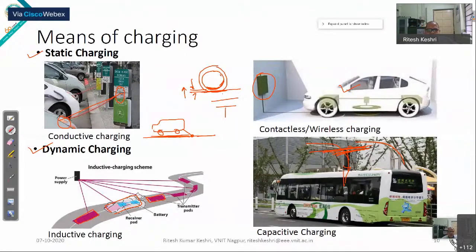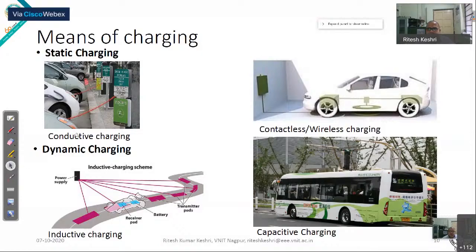So when they come in contact, there is an electric field in between, and electrostatic energy transfer takes place through the electric field.